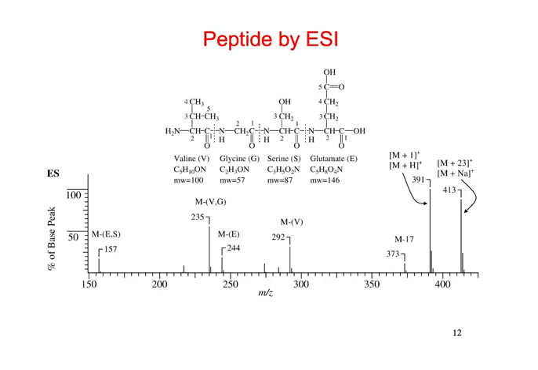Here's another example. This is of this peptide, and peptides can fragment in reproducible ways as well. So what they're seeing here is they see the M plus 1 and they see the M plus sodium.